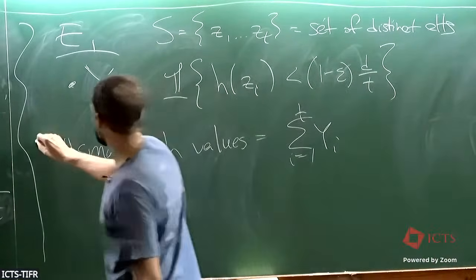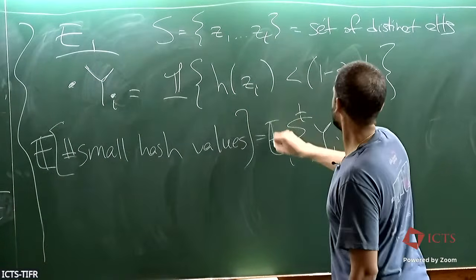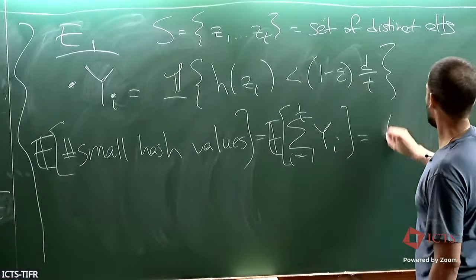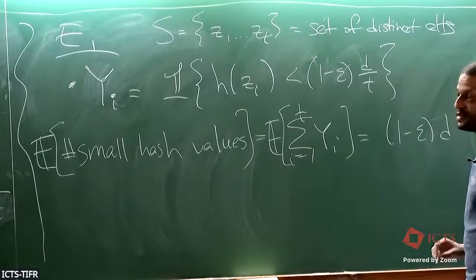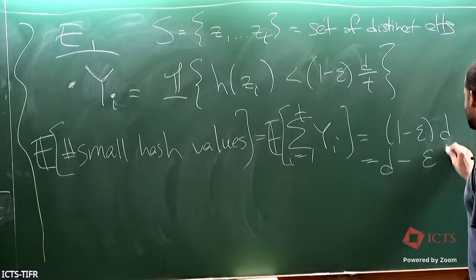So the expectation of the number of small hash values is this, which by linearity of expectation is equal to (1 minus epsilon) d. Let me write this as d minus epsilon d.